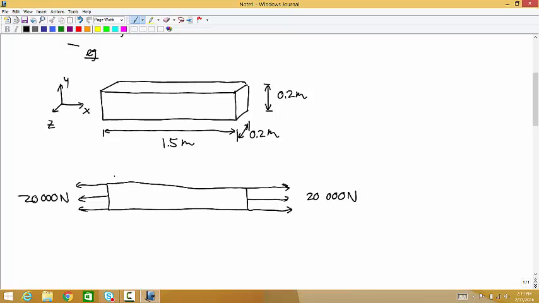And then we have a distributed load in this direction along the top, and those directions on the other faces.